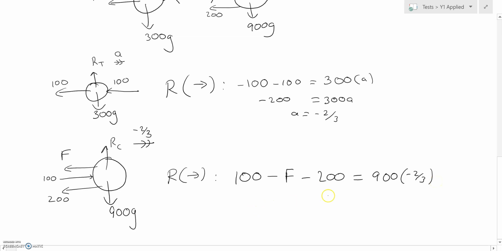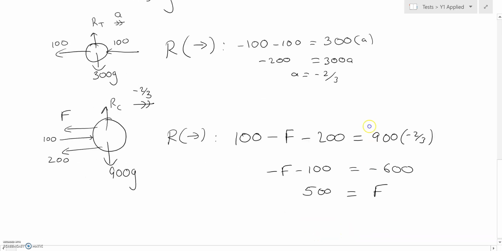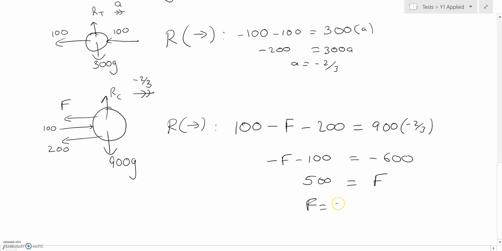And so if we work that out, on the left hand side we get minus F minus 100 is equal to minus 600. Let's move the F to the right hand side and bring the 600 to the left hand side, and so we get F is equal to 500 newtons, which is what the answer was. Okay, great.